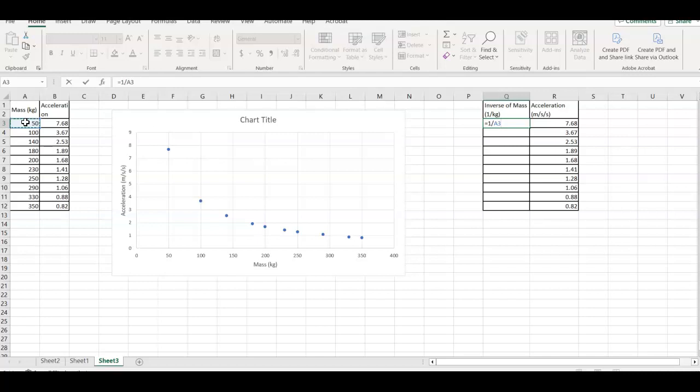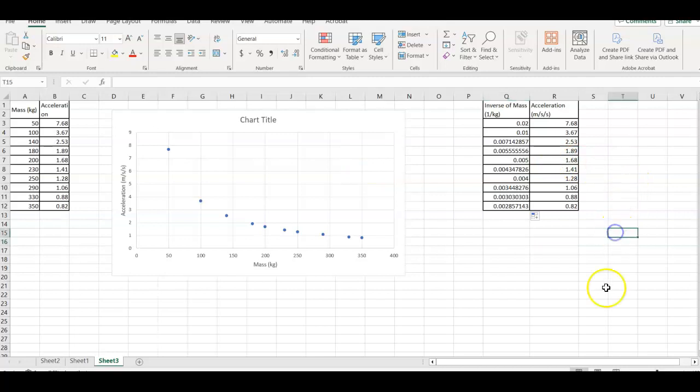When I click on the value of that first mass, it puts the cell address here in my formula, and then just say enter. Okay, and once I've got that formula in that cell, I can just drag that formula down, and so it will calculate the inverse of each one of the masses in my original table.